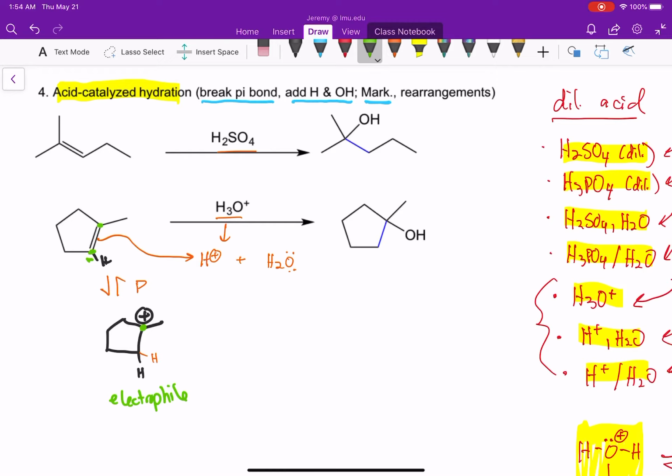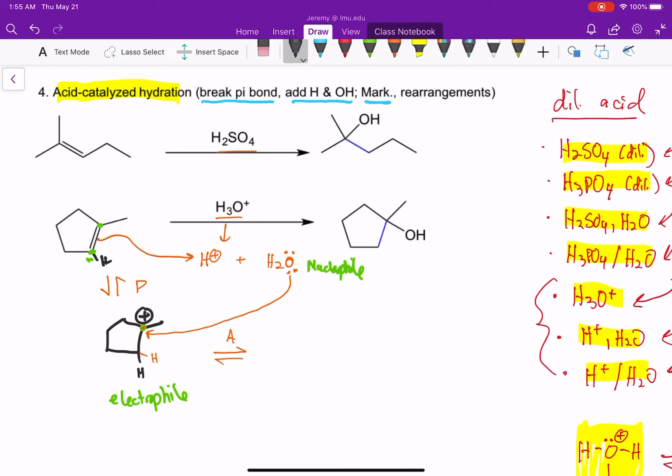Anything that has a lone pair can act as a good nucleophile, and that's the role water is going to play here. So water is going to be our nucleophile. One of these lone pairs is going to attack.